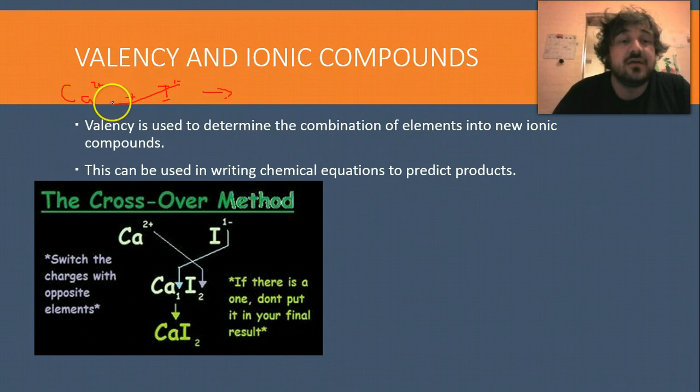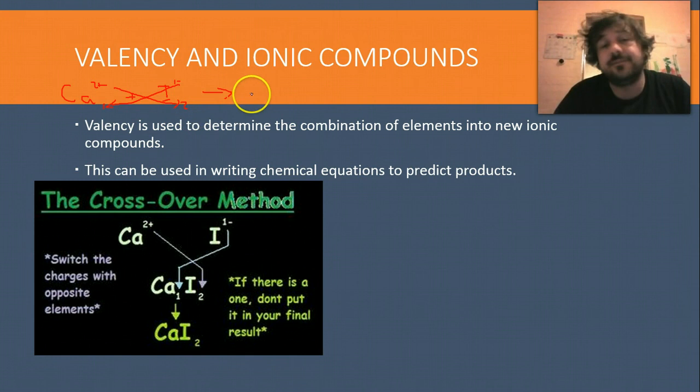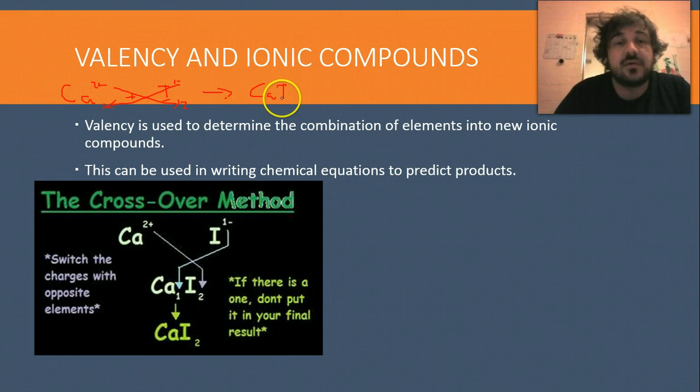So we put the 1 down here, 2 there. This gives us calcium iodide, CaI2. Again, we don't write the 1, we just leave it off. That's the crossover method.